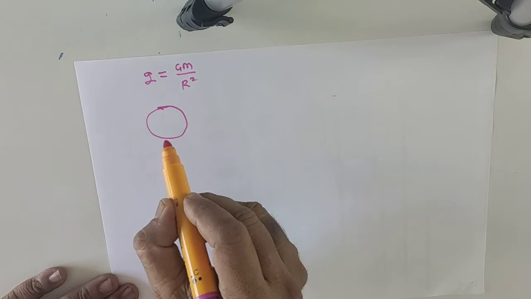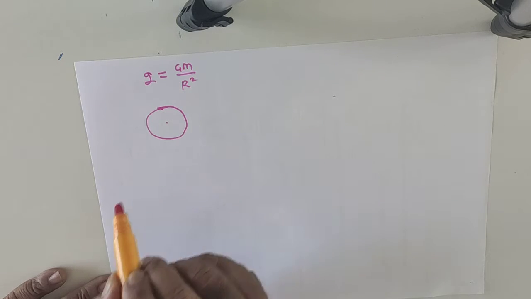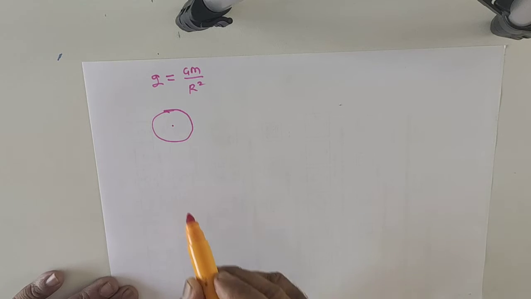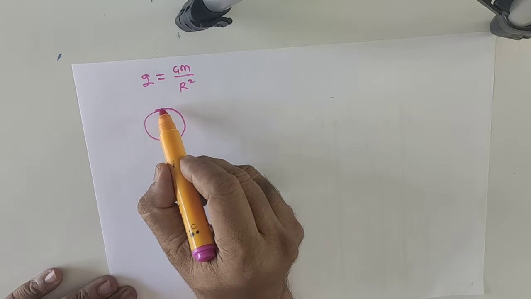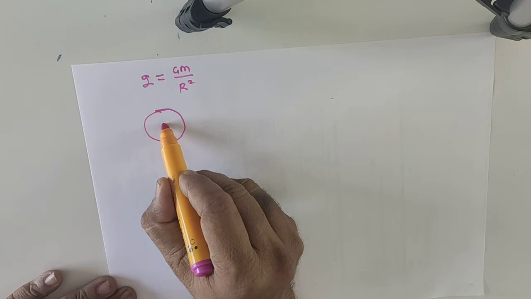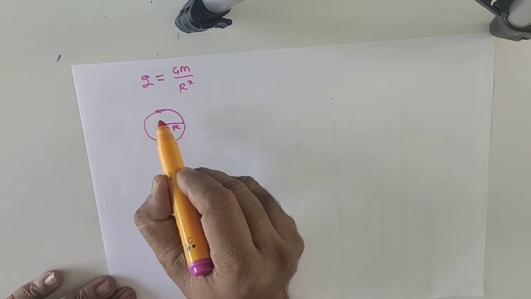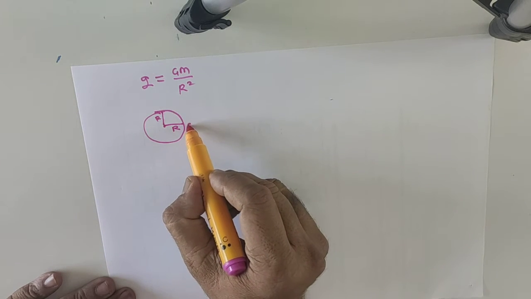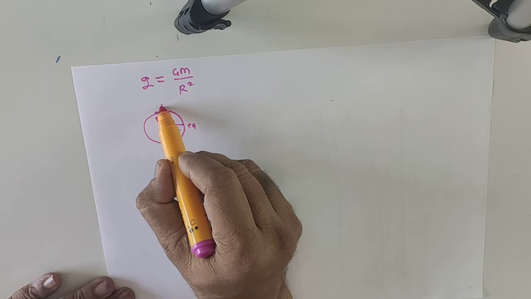This is the surface of Earth. Here, keep in mind that the surface of Earth is not exactly spherical. This value of R and this value of R, this is the difference. This is equator and this is pole.